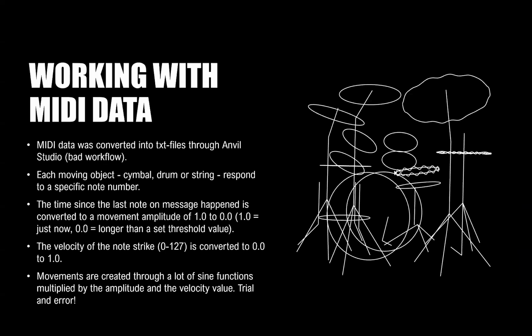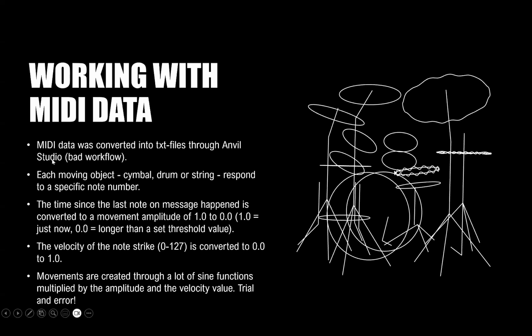This was probably the worst part of it from a workflow point of view. I had to convert the MIDI data into TXT files with another software. But you know how it is when you do this kind of project. I thought I was finished with the song, so I thought, okay, I'll only convert this MIDI data to TXT once. It was a little bit of work, but not much.